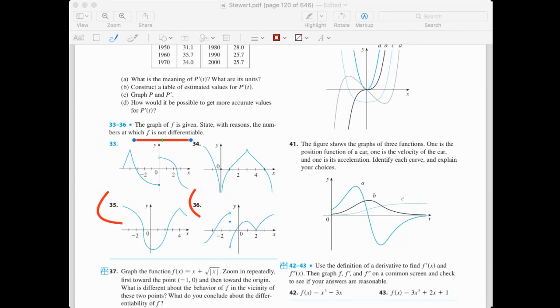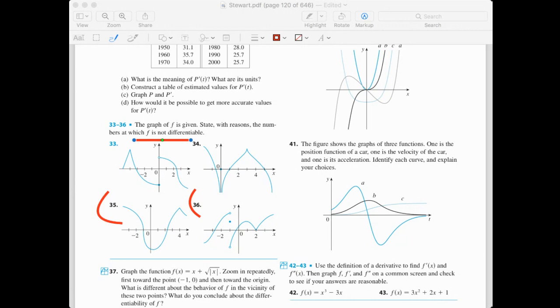-1 is not differentiable because it's a vertical tangent. Great, okay. And then 4 is also not differentiable because it's a corner. Right. Okay, Henan wants to do 36. Great.